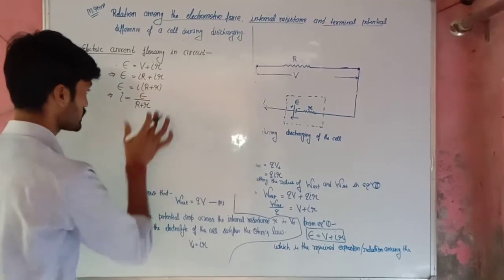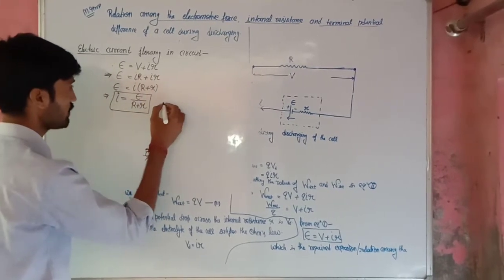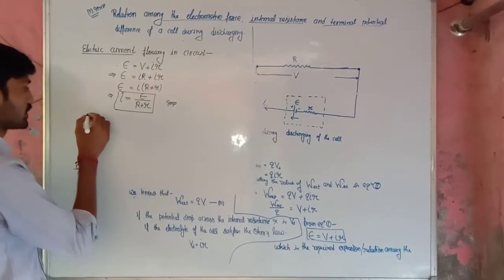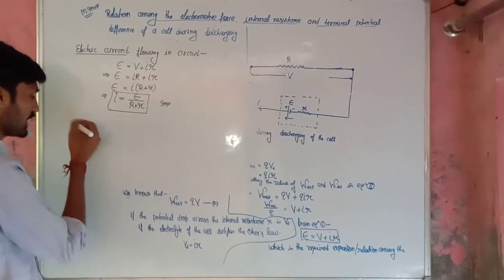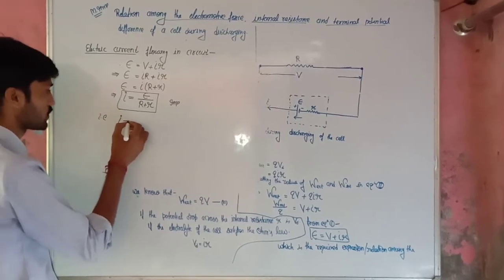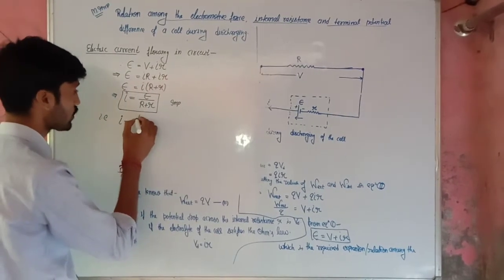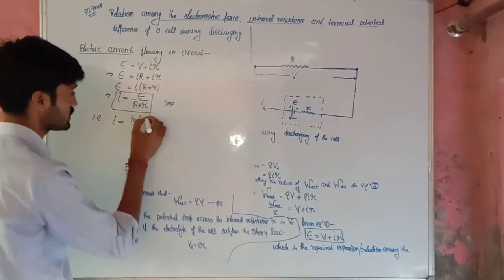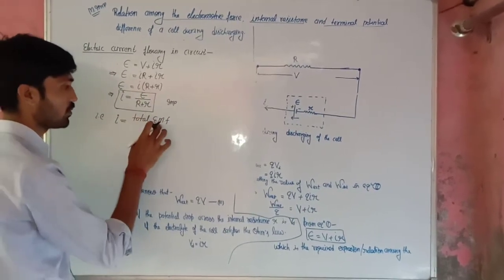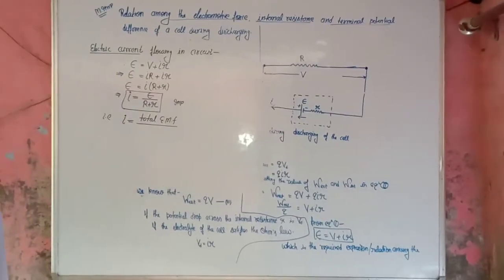Remember this formula because it is very important for numericals. We can write this in another form which is very useful, where we replace this by total EMF, in short electromotive force of the cell.